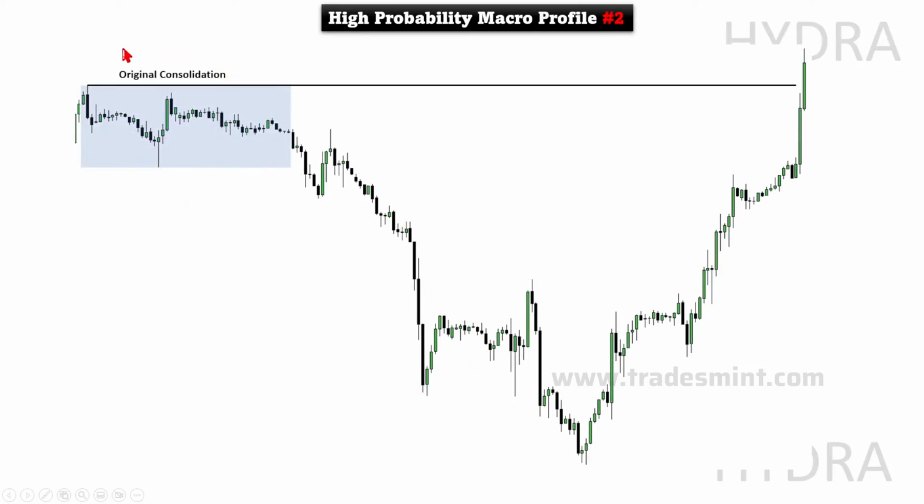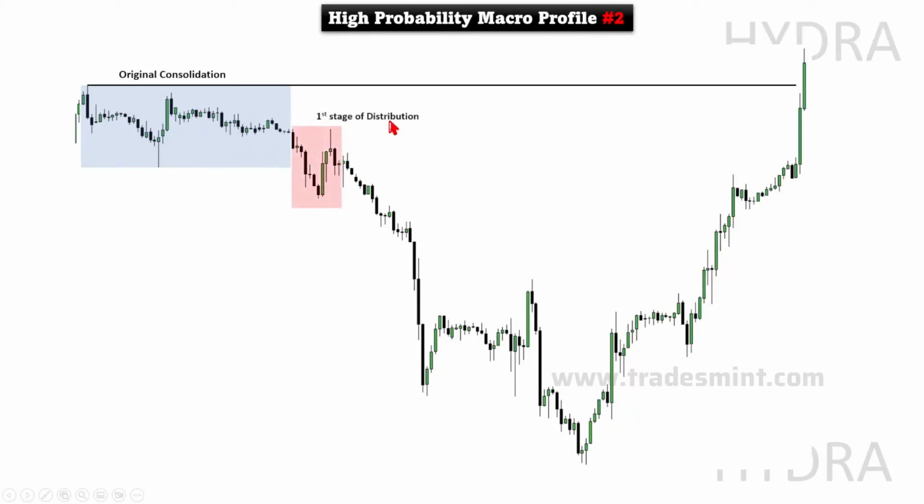So we have our first phase, original consolidation, right? Then what's our next phase? First stage of distribution. Where did it happen? Right here. Once price breaks out from this original consolidation, we don't know where price is going, and we don't care what's happening here. All we care about is what's happening here, and we'll talk about this.